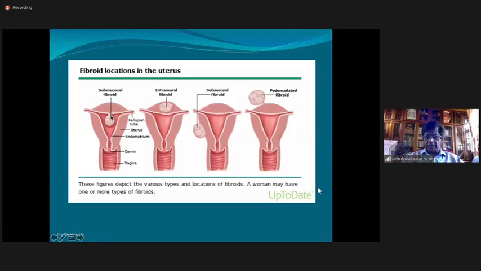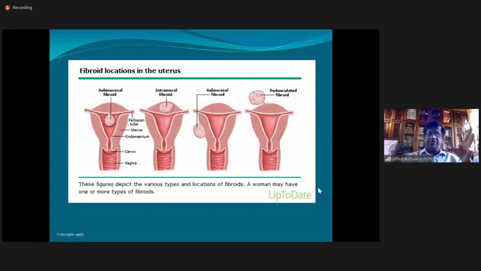We said it arises from the smooth muscle cells, and it can grow inwards towards the uterine cavity. It can grow within the uterine muscle. It can grow on the surface, subserosa, and you can also have a fibroid that is pedunculated. It can appear with a stalk.